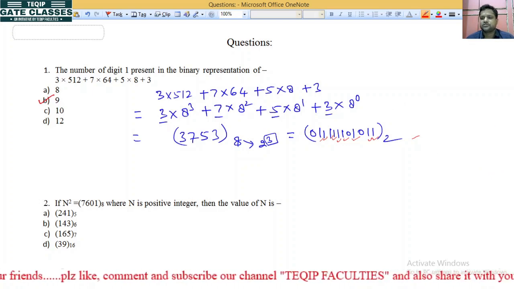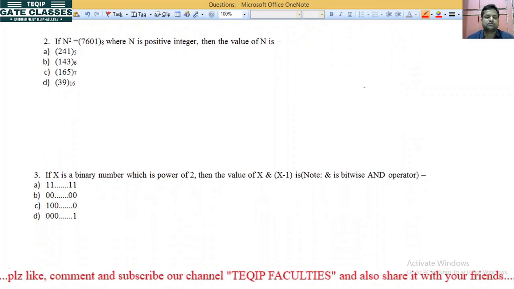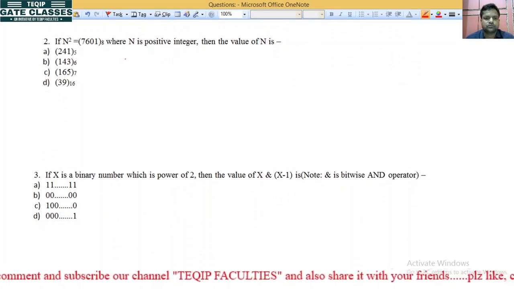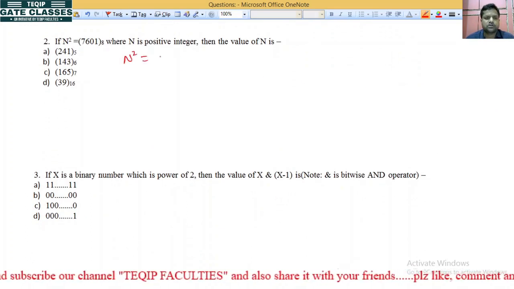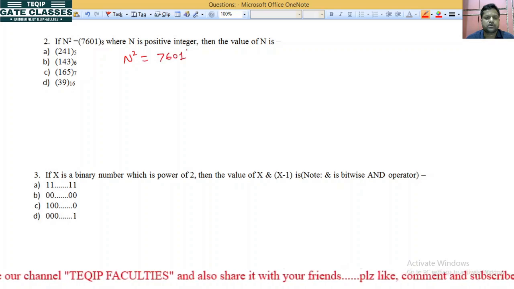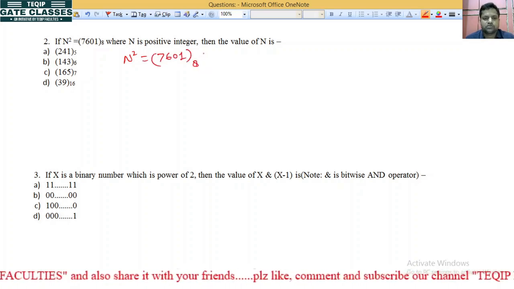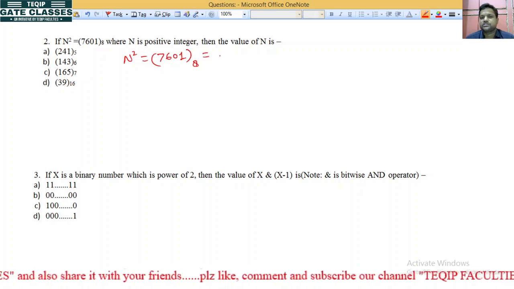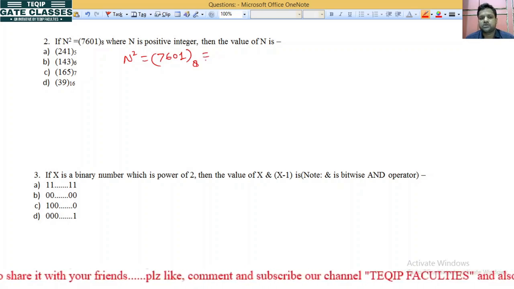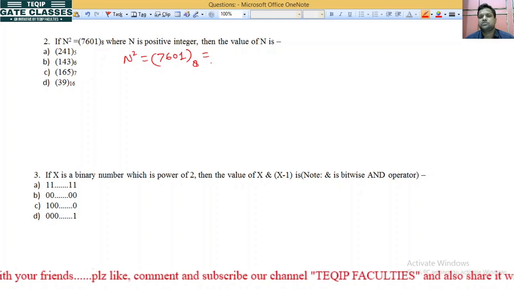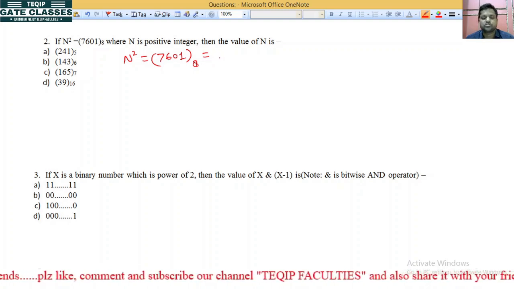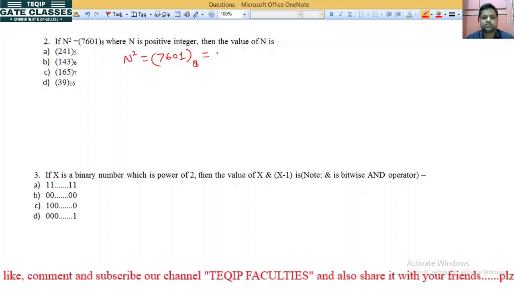Next question. In the next question we have n square is equal to 7601 with base 8. What will be the value? You just convert this value into the decimal number system. What will be the answer?